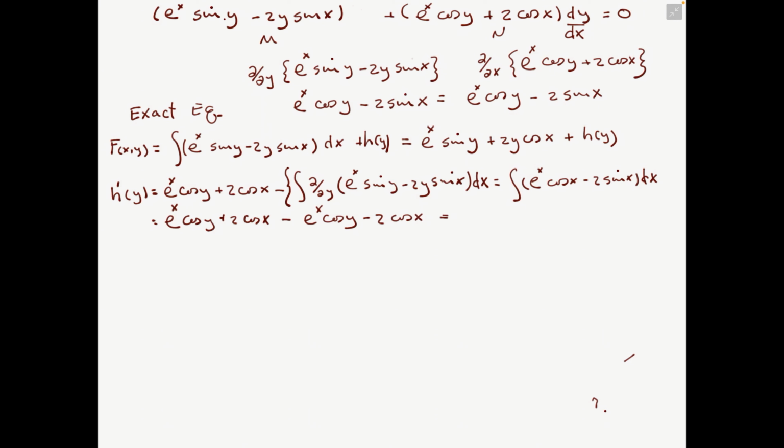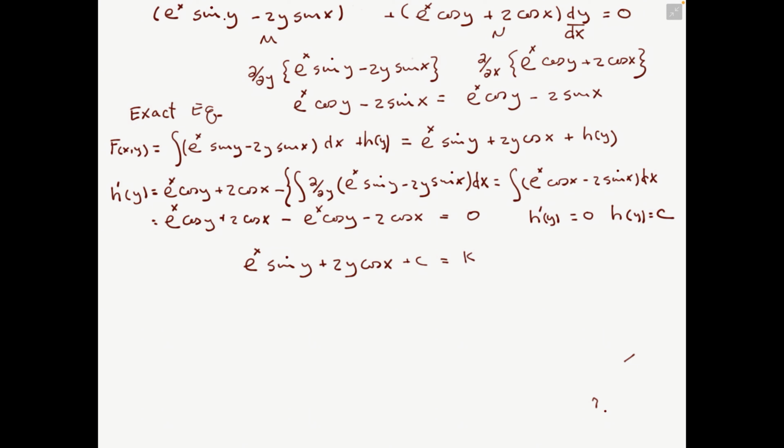And so this is e to the x cos y plus 2 cos x minus, and if we differentiate, we have e to the x cos y, and that's minus 2 cos x, and that's equal to 0. So h prime of y is equal to 0, which means h of y is a constant.